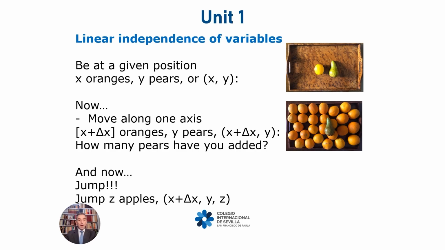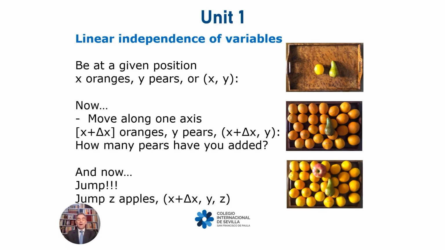We are at y, and now we are at z because we have jumped. That means that we will now have the number of oranges we got through adding oranges. We will still have one pear, and now we have one apple. We still have one pear, and now we are adding one apple, which does not change neither the number of pears nor the number of oranges.